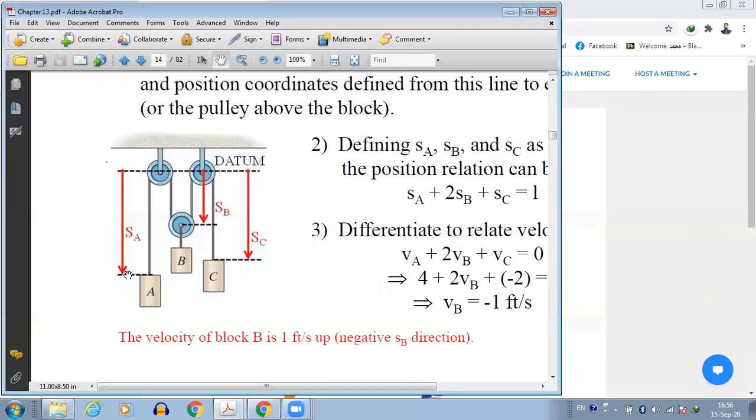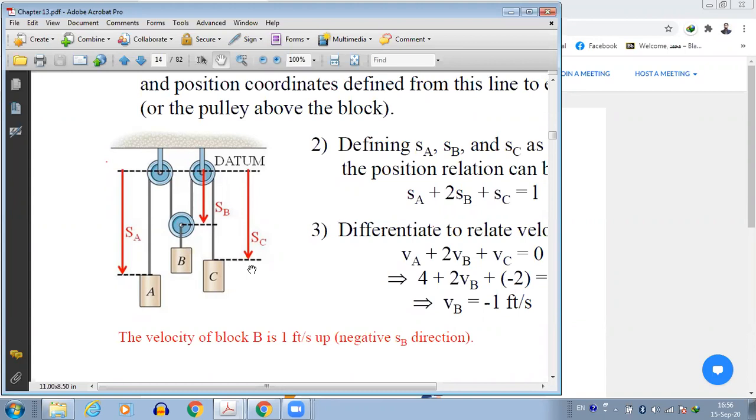This will be SA, this will be SB, and this will be SC. Positives and negatives are identified: whenever something is moving towards the datum it is negative, away from the datum it is positive.